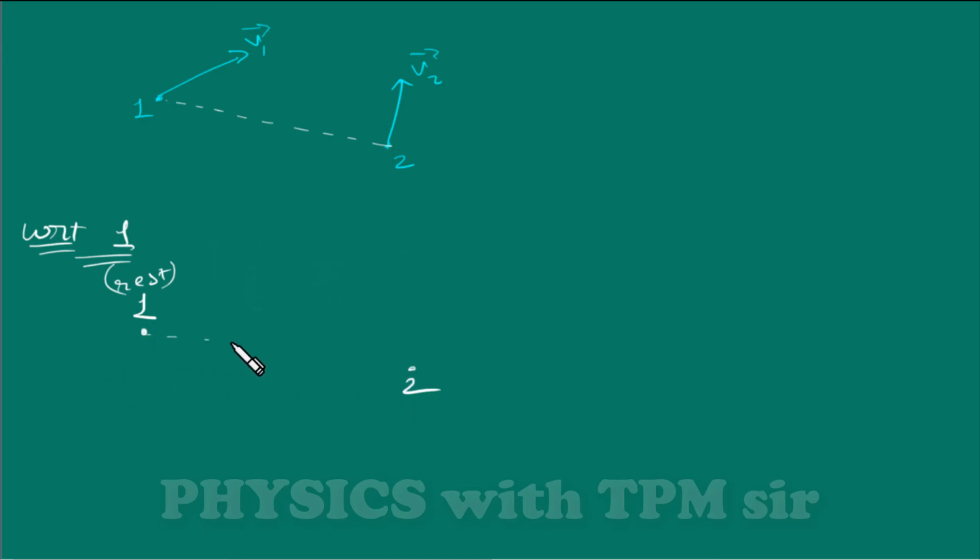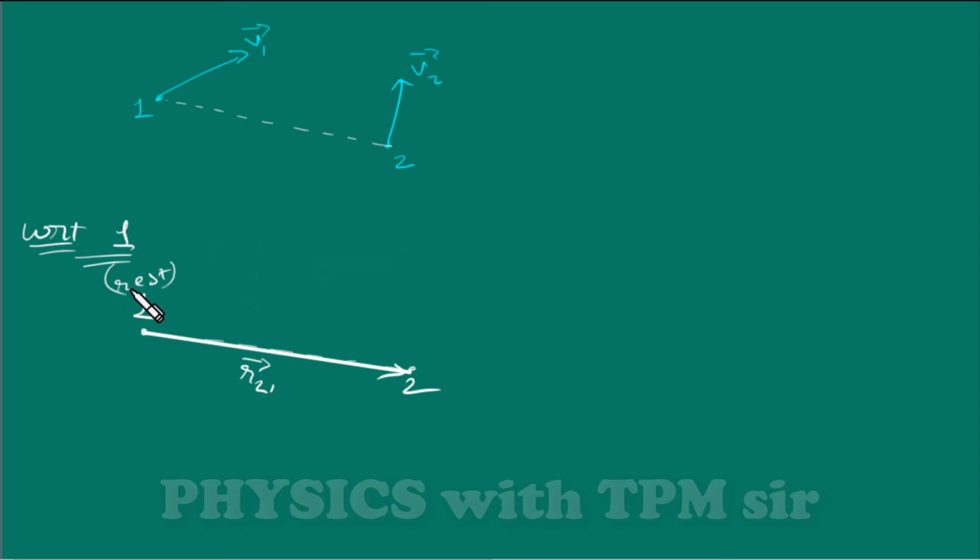The position of particle 2 as seen by 1 is towards this direction. This is the position of 2 with respect to 1, right? Now let's talk about velocity. Particles 1 and 2 may be moving in random directions like this.